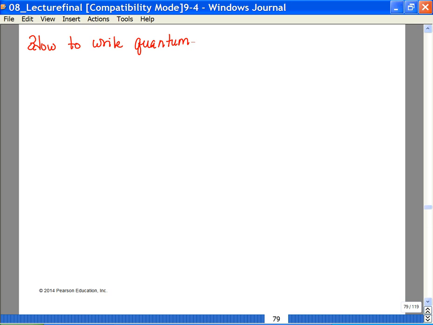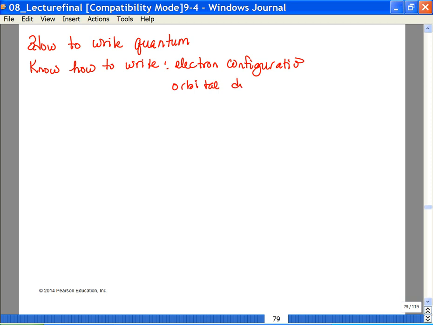The quantum numbers for an electron in a specific orbital. You know how to write electron configuration, and how to draw orbital diagrams.